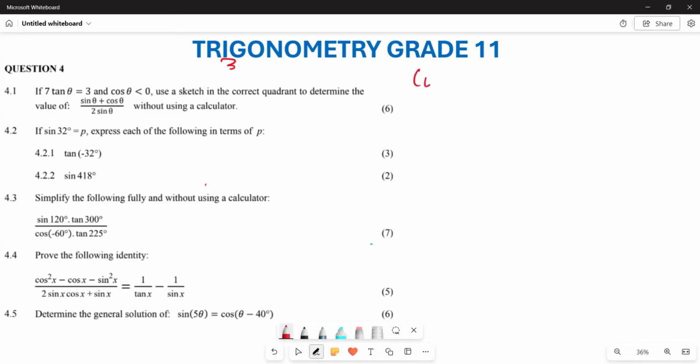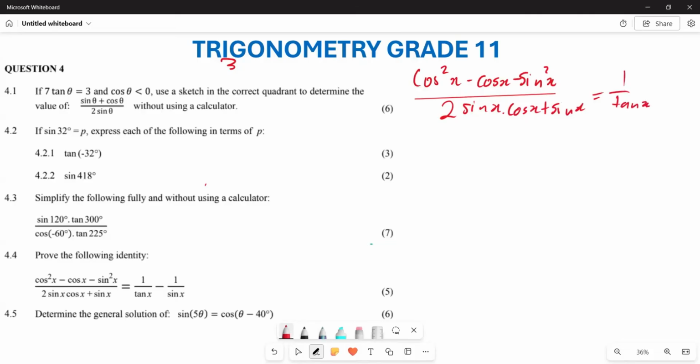How can you go about proving that, for example? Remember, this is the same as cos of 2x, subtract cos x, subtract sine squared x, divide by 2 sine x cos x plus sine x, is equal to 1 over tan x, subtract 1 over sine x.